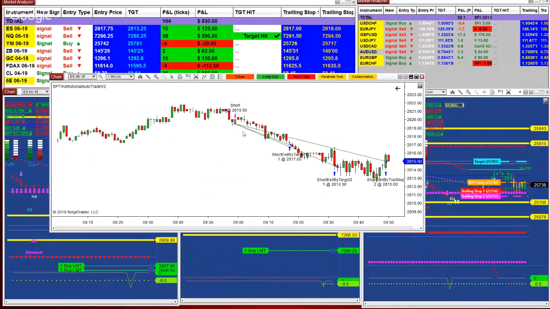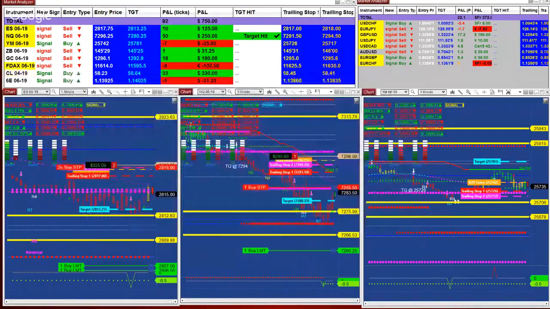It was one trade, and it is done. So this is the institutional automated trade, and we will also be doing some updates on those. NinjaTrader has done so many updates, so we will also be updating every product we have.